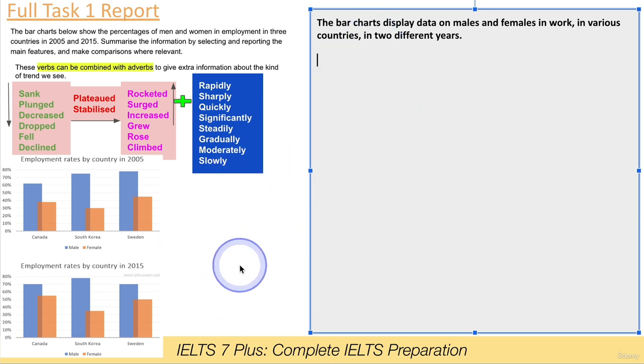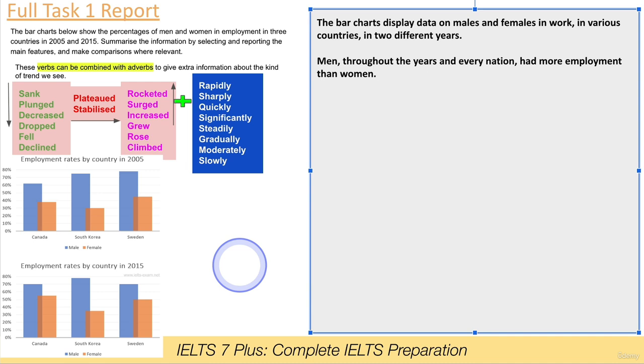So we're going to speak about how men throughout the years and the countries, let's write this down, men throughout the years and every nation had more employment than women.